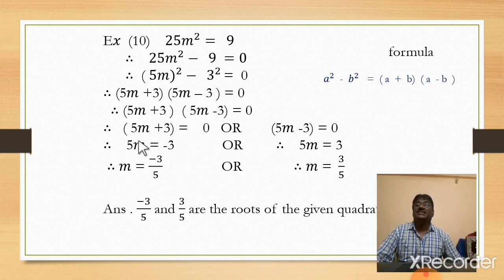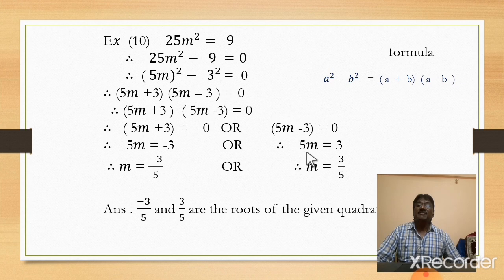If the first bracket is equal to 0, that means 5m plus 3 is equal to 0, then we get 5m equal to minus 3, and therefore m equal to minus 3 upon 5.